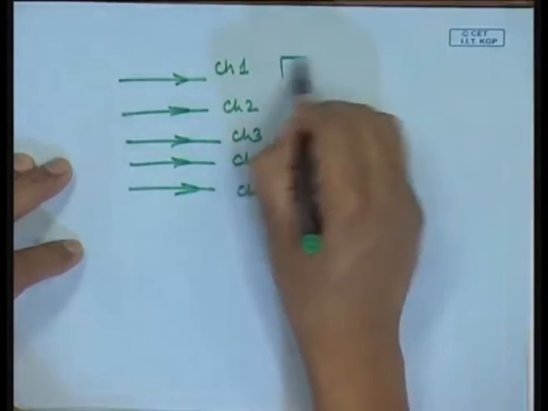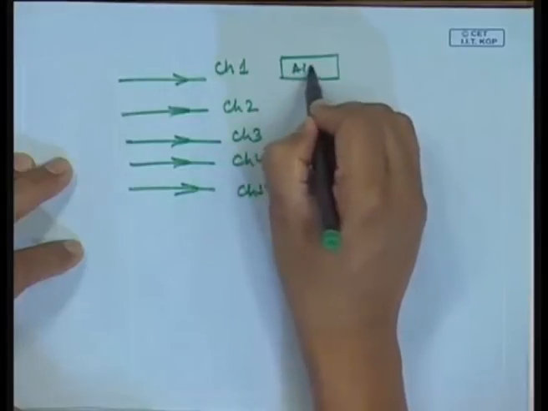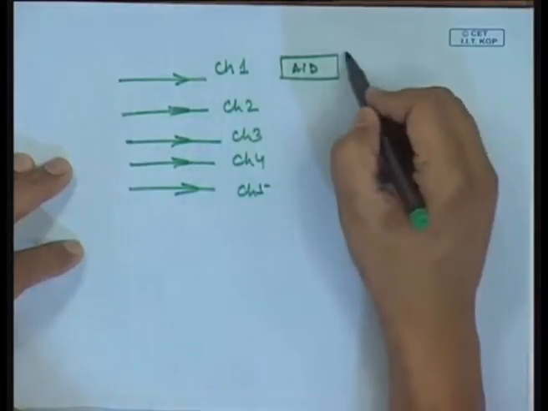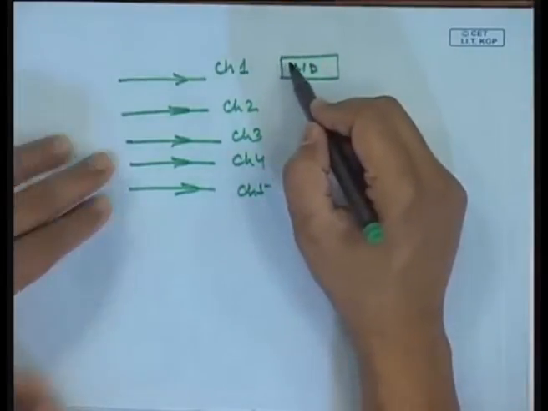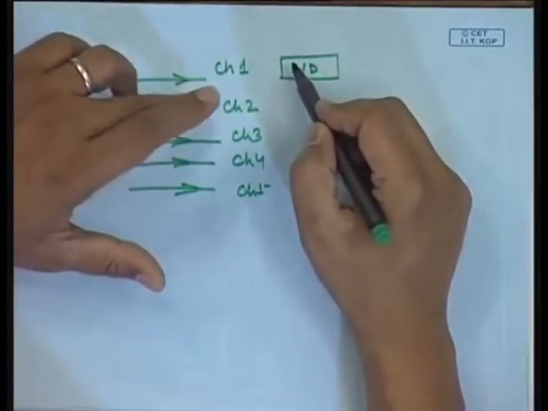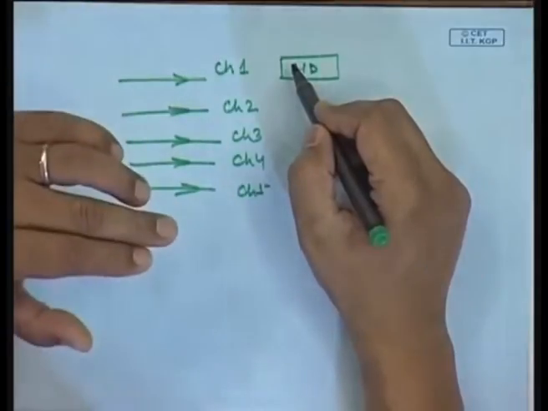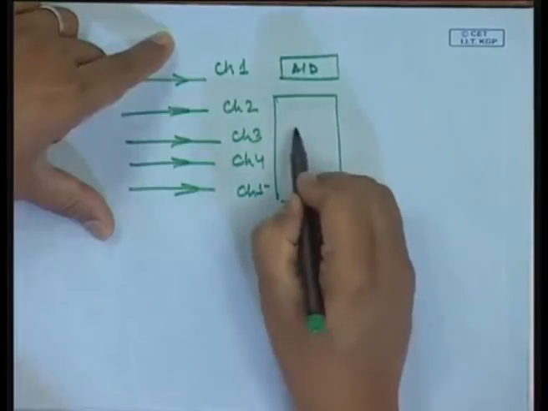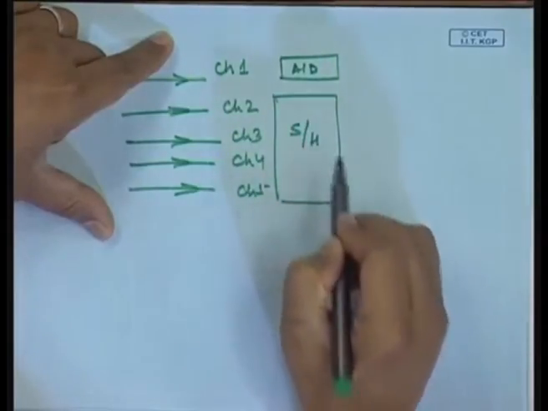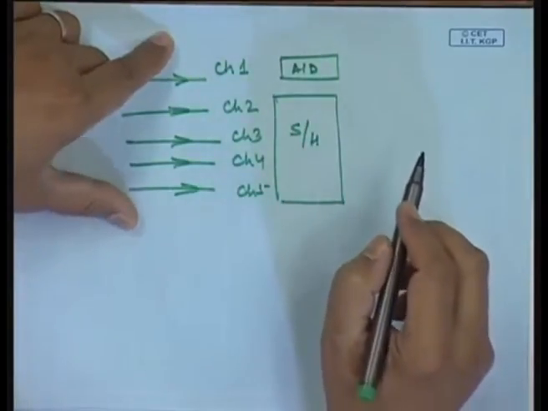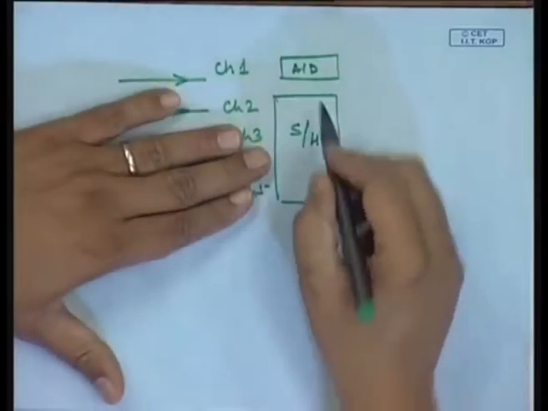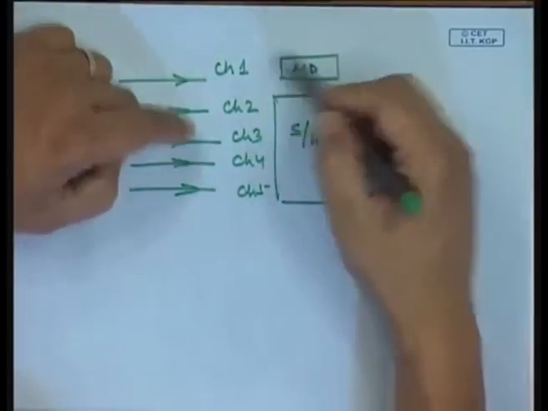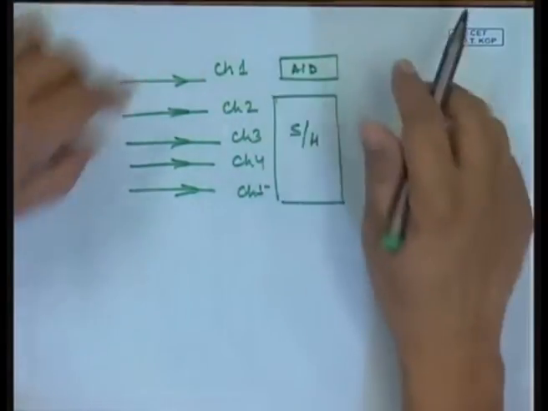Because the A to D conversion takes certain time, when I am doing the conversion of A to D for channel 1, what is happening to the signals in channel 2, 3, 4 and 5? So, they are put in what is known as a sample and hold circuit. Okay. And then once channel 1 is done, it will go to channel 2, channel 3 and so on, one sample at a time.